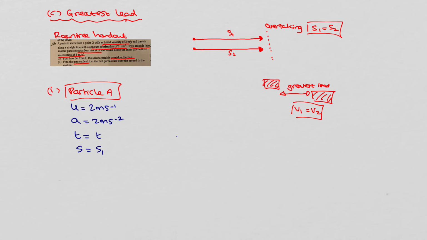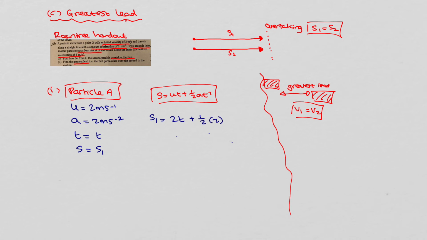So therefore, if I'm setting up my equation, S equals ut plus a half at squared. Then we can say S1 is equal to ut plus a half at squared. So S1 will equal 2t plus t squared, and I'll call that equation 1.